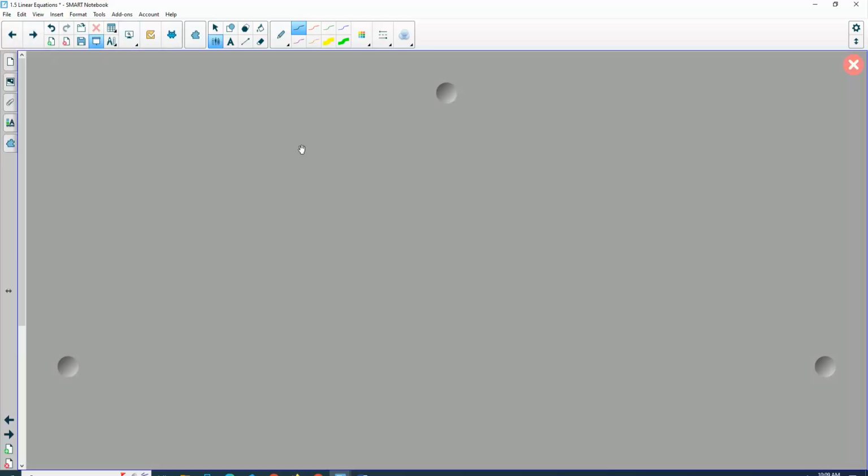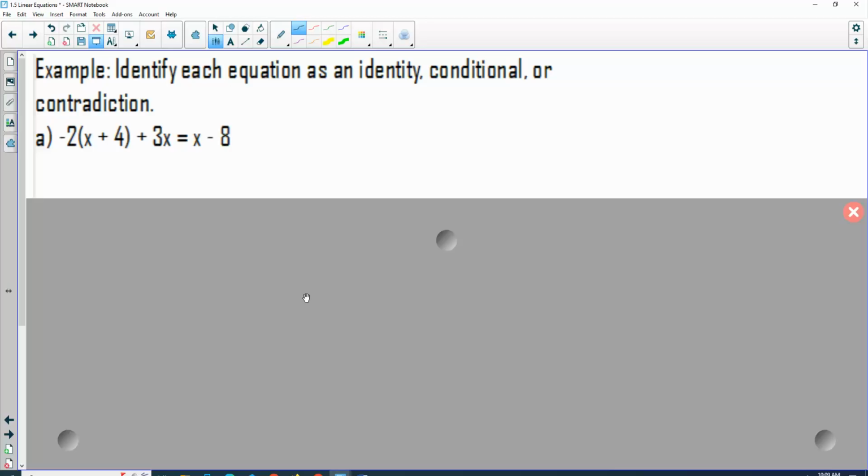So, I want to identify each as an identity, conditional, or contradiction. You don't know just by looking at it. That means we have to solve it and use our solution to decide. So, this one isn't too complex.